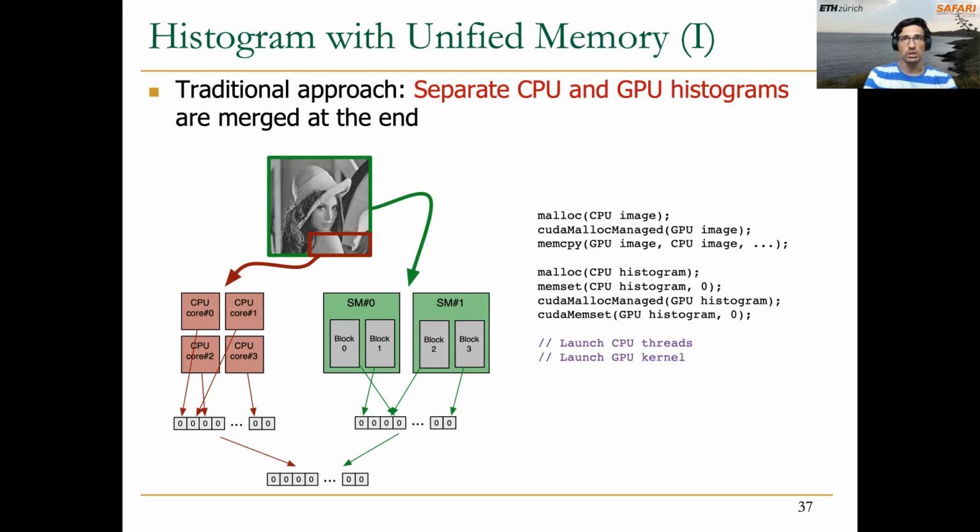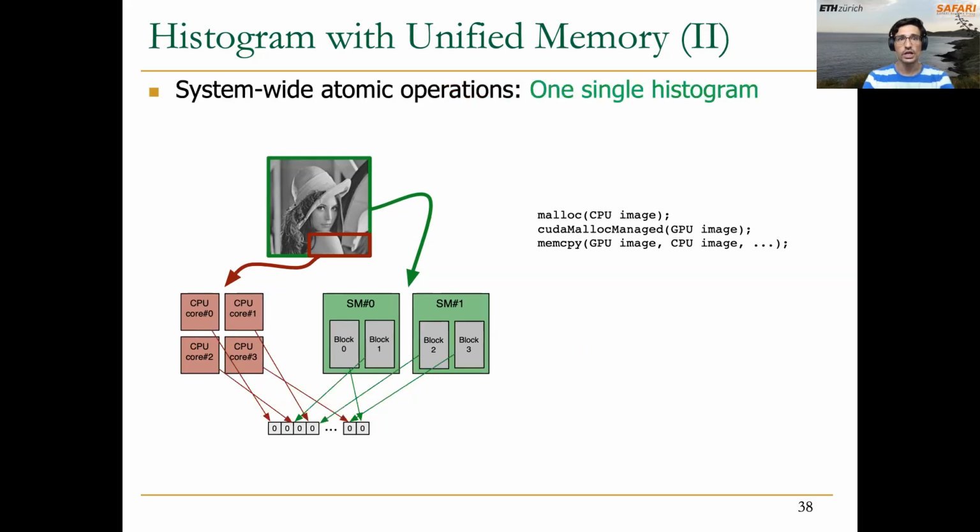It can be, let's say, easier to program if we use unified memory, but still using this approach of separate CPU and GPU histograms. But at least here we are saving memory allocations and also saving data transfers. But we can go one step further with unified memory if we use system-wide atomic operations, because in this case, we can have both CPU threads and GPU threads atomically updating the contents of the histogram.